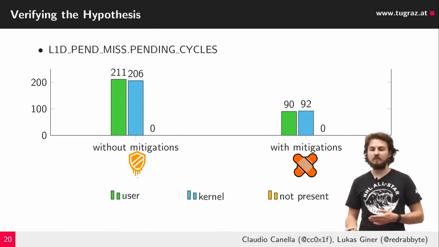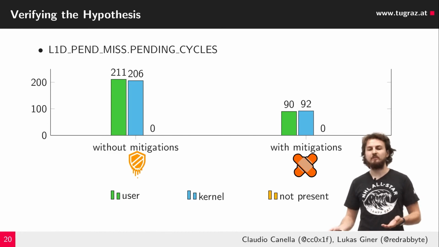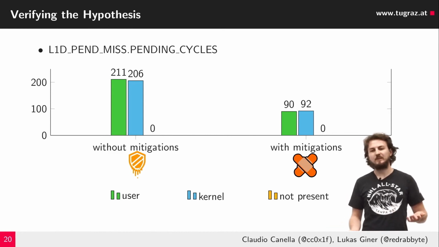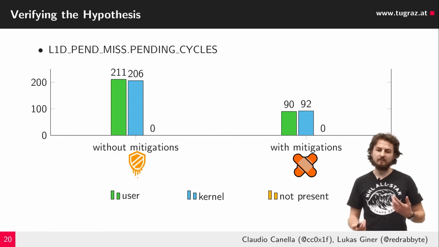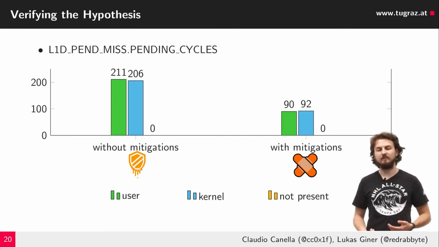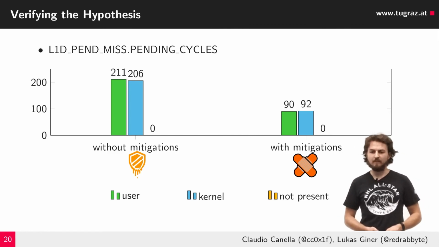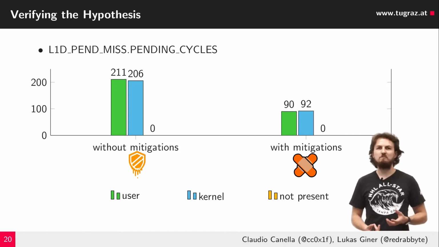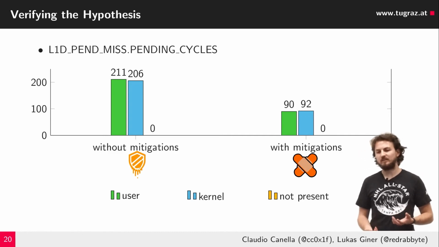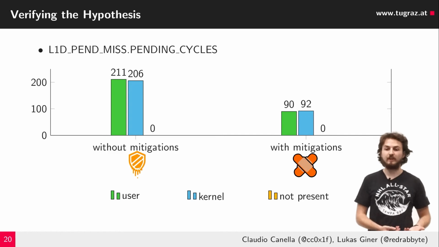And on mitigations, the number is the same between kernel and user pages. The difference in the timing with mitigations is simply a faster CPU. So yeah, that's why the result is smaller compared to the CPU without mitigations. With these tests, we can now more or less be sure that our hypothesis is correct.